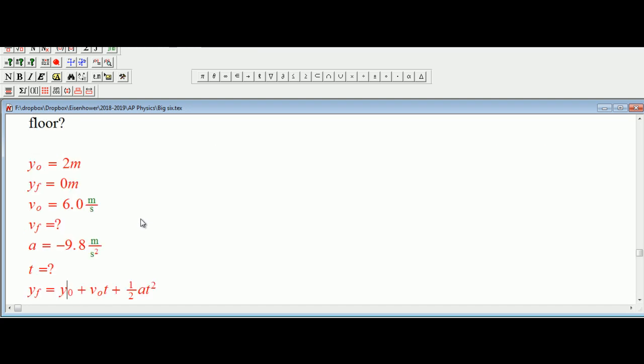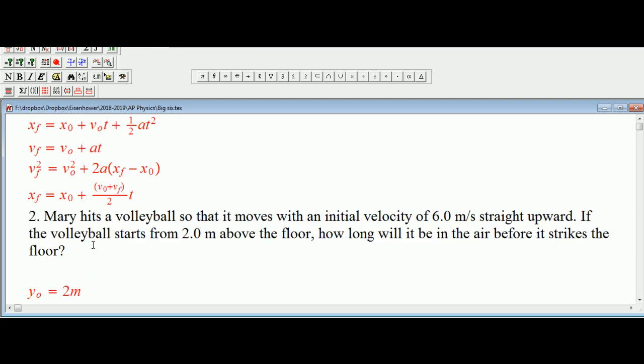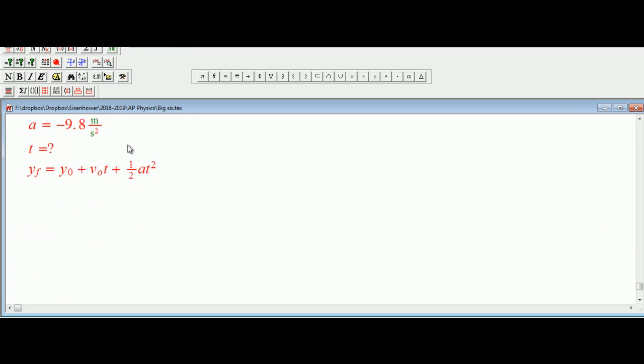Now, I need an equation that does not have a v_f or a t, and we see right off the bat that it's going to be the first one. But this one's going to be interesting, so let's see what kind of equation we have. I have a y naught, my y_f is going to be 0. Let's change that to math mode.